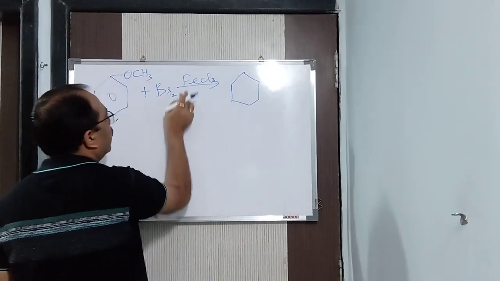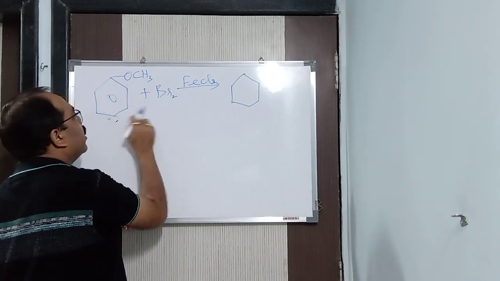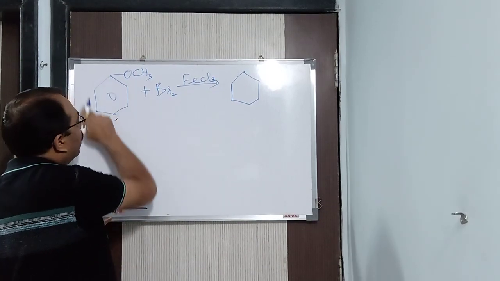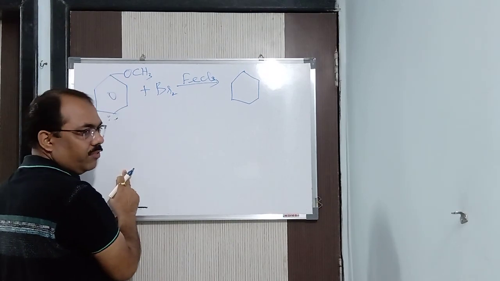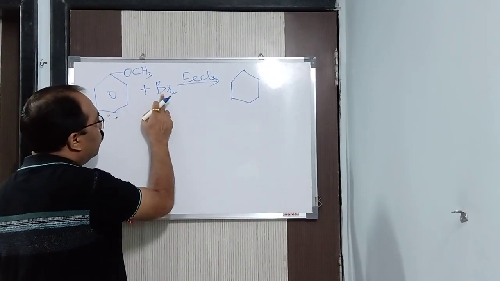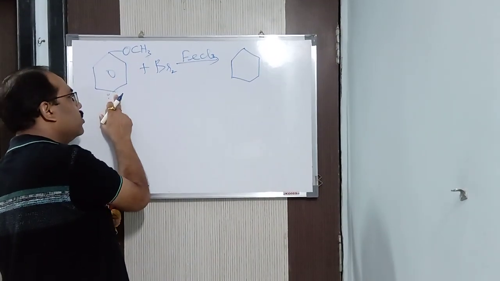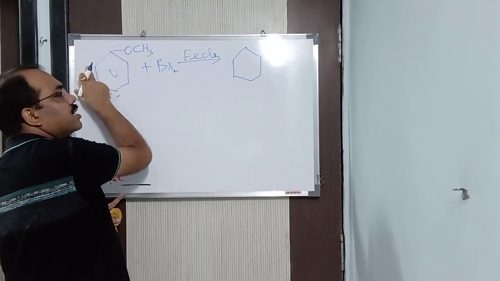What happens is that this particular ether becomes highly reactive. So bromine not only goes to the ortho position and the para position, it goes to the other one, the 6th position also.